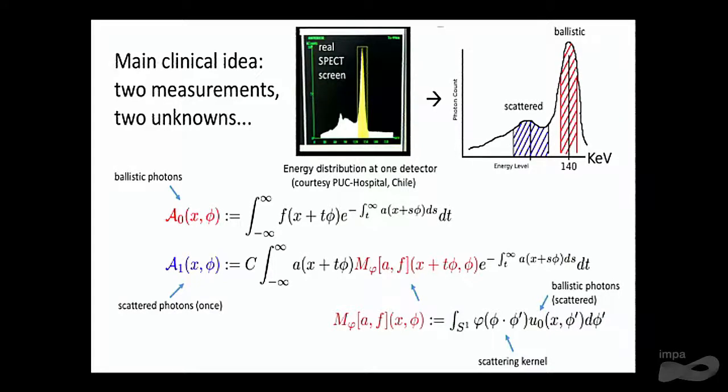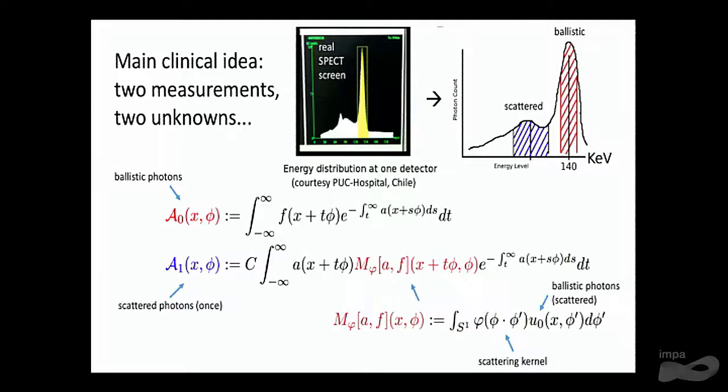The classical measurement for SPECT is the integral of the attenuated source, so it's essentially the attenuated Radon transform of F. But you can also take the ballistic photons, consider that they are scattered once, and then use these scattered photons as the new source for the second measurement.